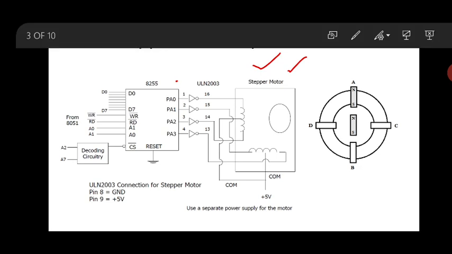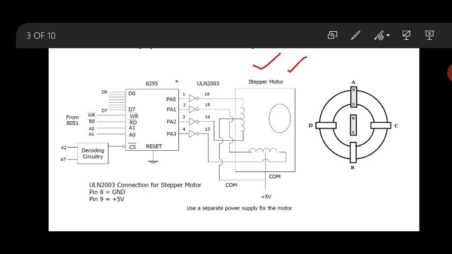The PA0, PA1, PA2, PA3 are electrical signals that are transmitted from the 8051 to the stepper motor, and they are sent to the energizing devices. We call them A, B, C and D, and the signals to these are coming through the ports from the 8051.